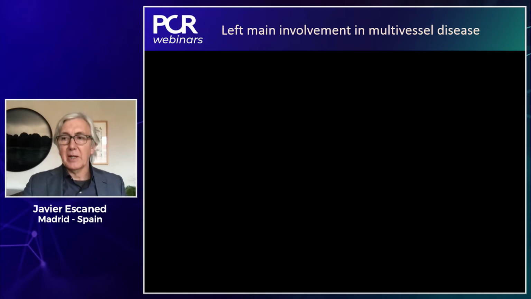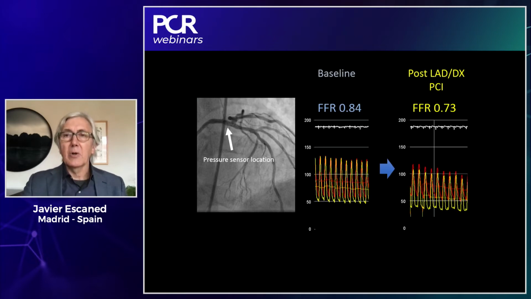In the next slide, you will see this again. So remember, before treating the stenoses that were located in the LAD and diagonal, the FFR at the point where the arrow locates the sensor was 0.84. After treating the distal stenosis, we had an FFR that demonstrated that this stenosis in the left main was severe, and of course it was successfully treated.